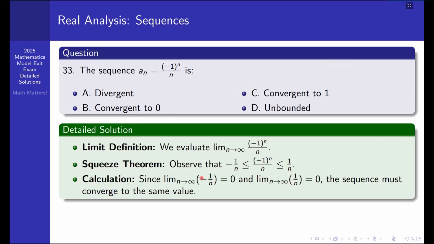Then the limits of the endpoints, -1 over n at infinity is 0, and 1 over n is also 0, so the sequence must converge to the same number. That is, the limit of (-1)^n over n exists and is equal to 0.